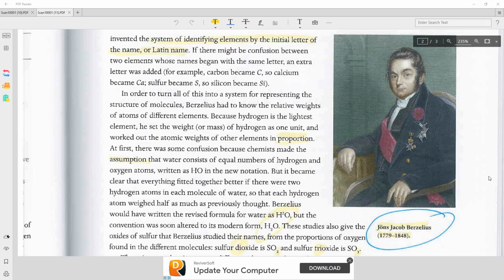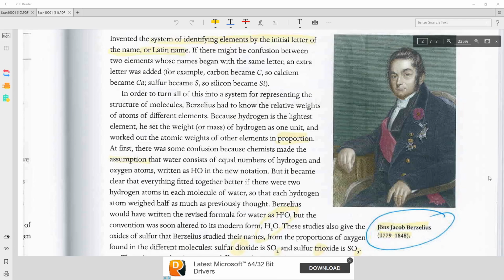But it became clear that everything fitted together better if there were 2 hydrogen atoms in each molecule of water, so that each oxygen atom weighed half as much as previously thought. Berzelius would have written the revised formula for water as H2O with the 2 on top, but the convention was soon altered to its modern form, H2O.